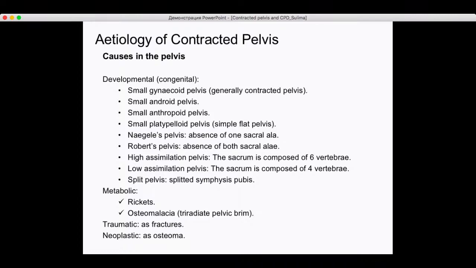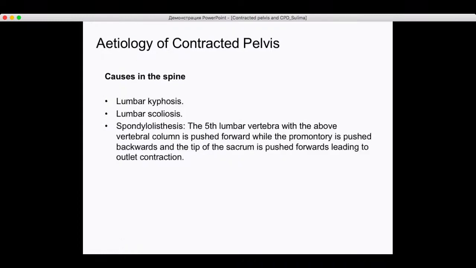Traumatic changes in the majority of cases are due to fractures, and neoplastic changes such as osteoma. That's why during vaginal examinations you should investigate all sides of the pelvic cavity for diagnosing neoplastic or fracture changes due to a previous trauma.